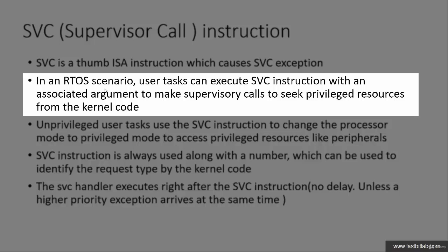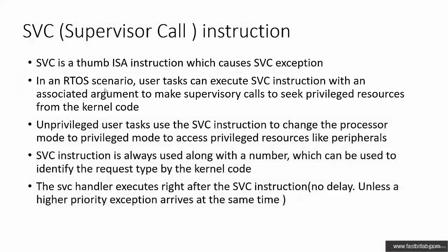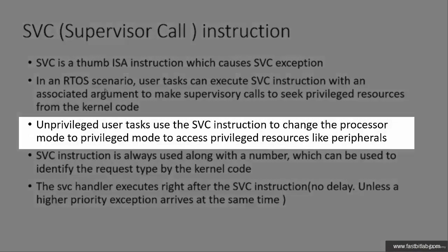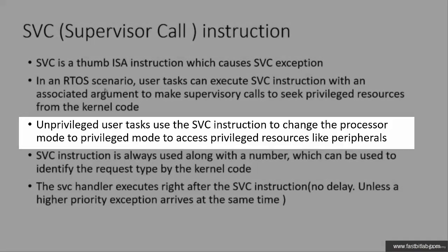Basically, SVC instruction is used for the user task or a less privileged task to ask the kernel to get some services. Like you can implement a system call layer by using SVC instruction. An unprivileged user task may use the SVC instruction to change the processor mode to privileged mode to access privileged resources like peripherals.